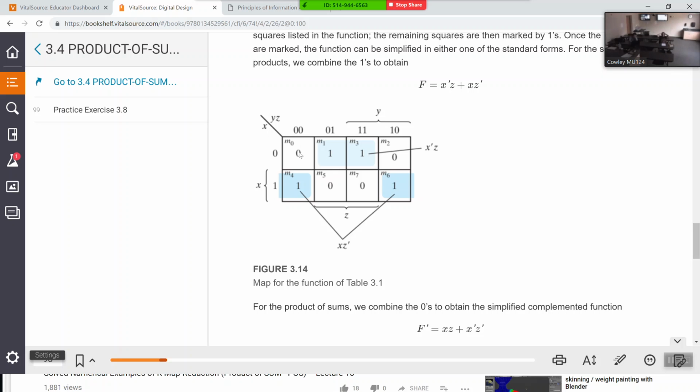Now, let me draw this. You probably can't see my mouse even moving on the screen.